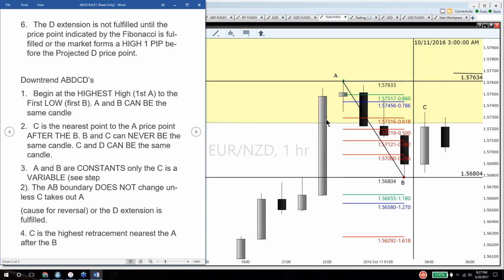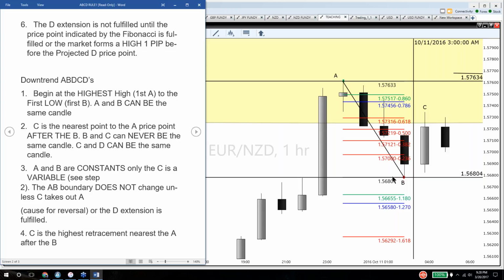The second reason for me to change the A-B boundary would be if the market satisfies the D target. If the D target is fulfilled, and the target is based off of the retracement level like we just discussed, I'm going to wait. In this case, this is a downtrend, so the market's also going to have to not only satisfy the D extension, whatever the projected D target is, it's also going to have to give me a low, a confirmation that the ABCD is over.